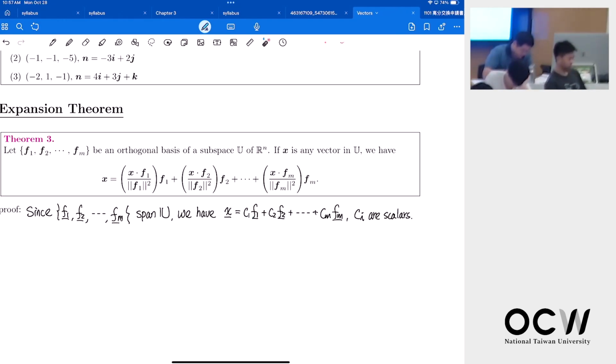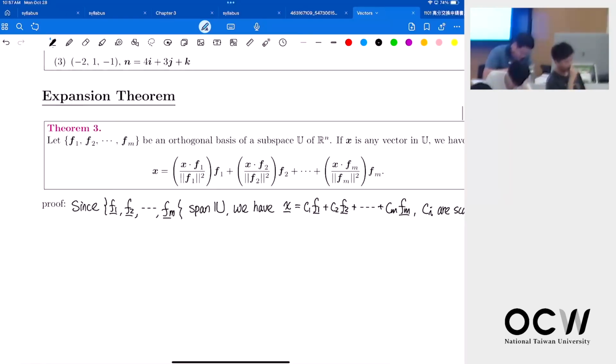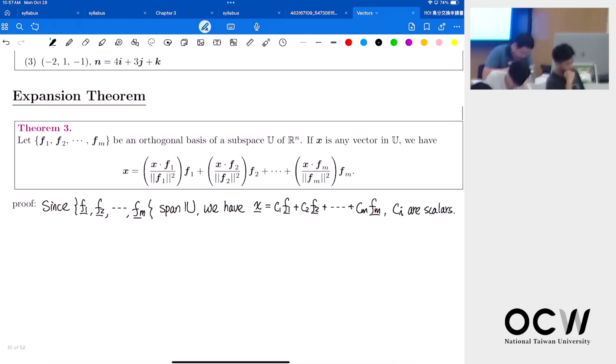So to find C1, take x dot product F1. What is x?